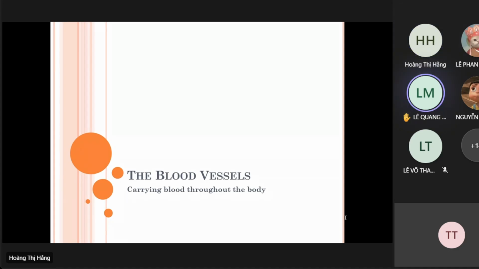Well, the artery means they go from the heart to another edge of the body, and the vein is the opposite. Like they come from every part of the body, and they come back to the heart. Good.